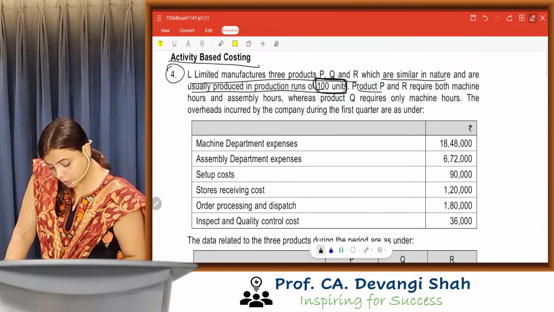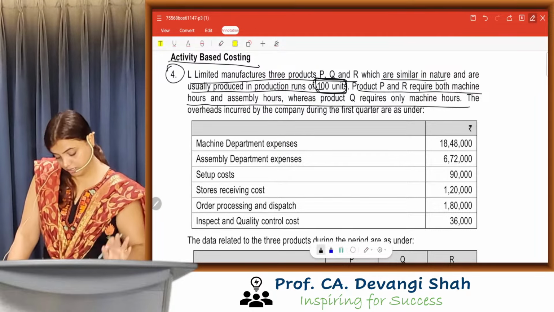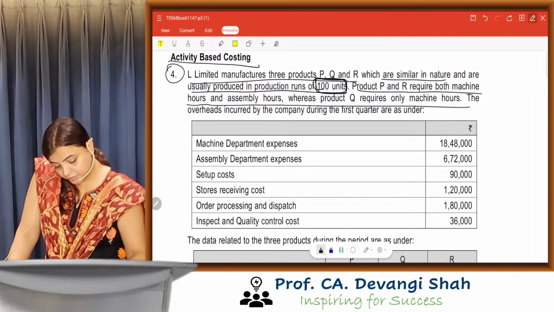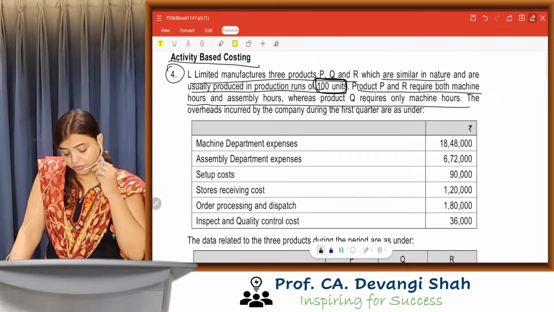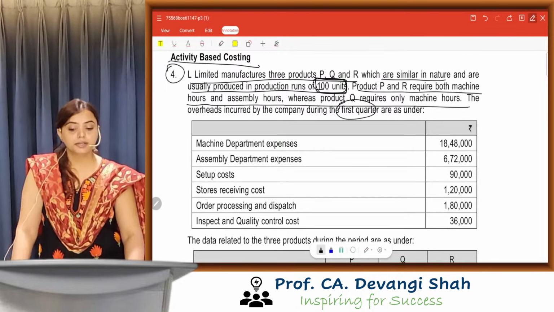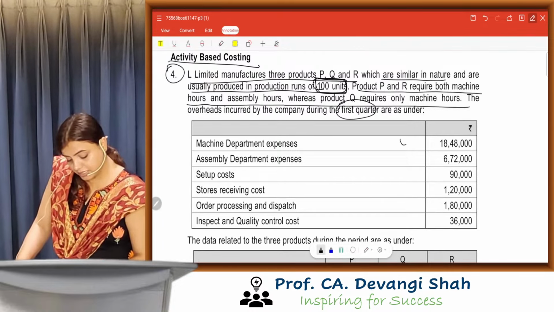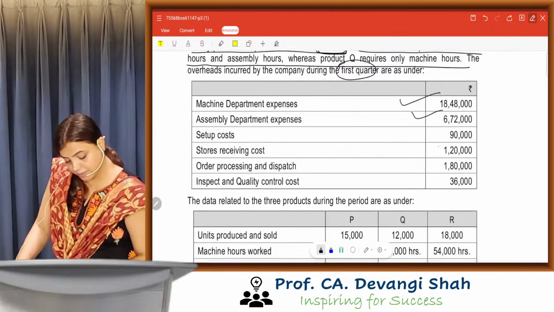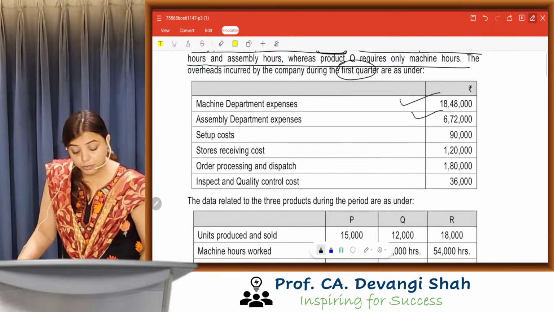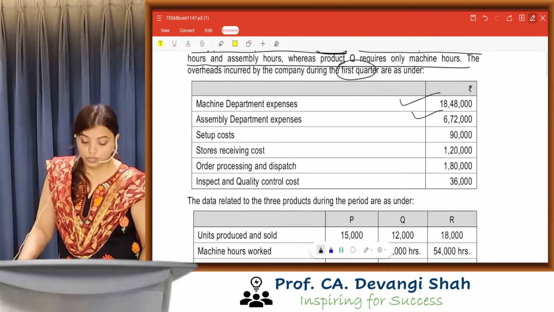P and R require both machine hours and assembly hours, whereas Q requires only machine hours. The overheads incurred by the company during the first quarter are as under: machine department expenses, assembly expenses and setup cost, stores receiving cost, order processing and dispatch, inspection and quality control cost.